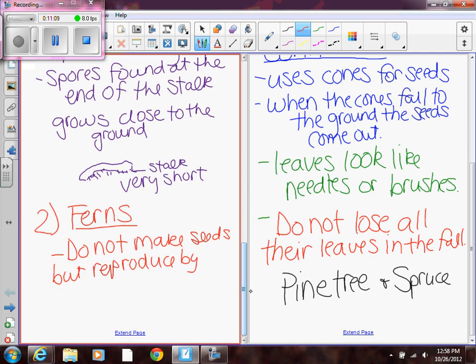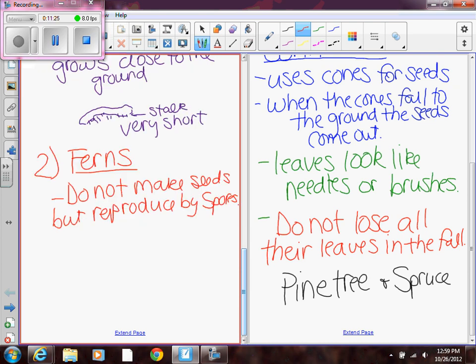Exactly. So they do the same thing. But what's different about ferns from the moss that we talked about? Adam, do you know? Where are the spores found?